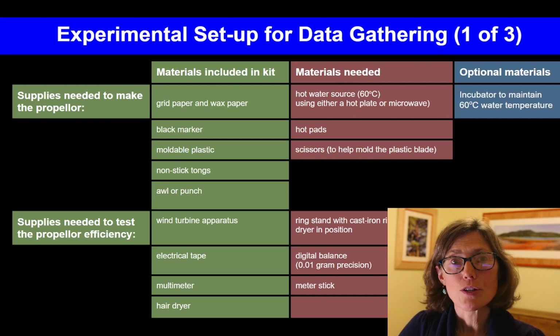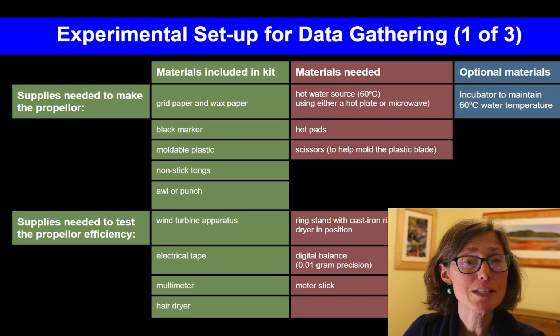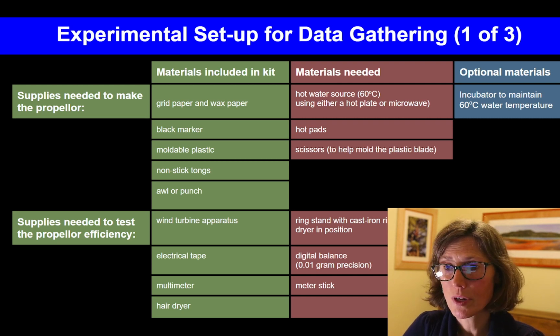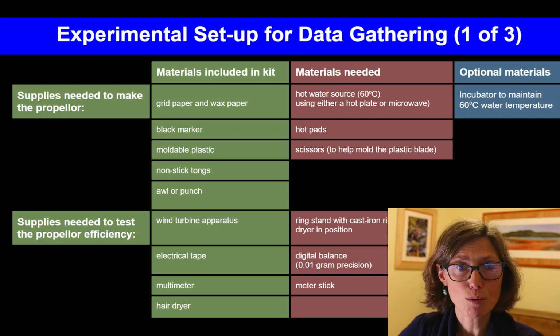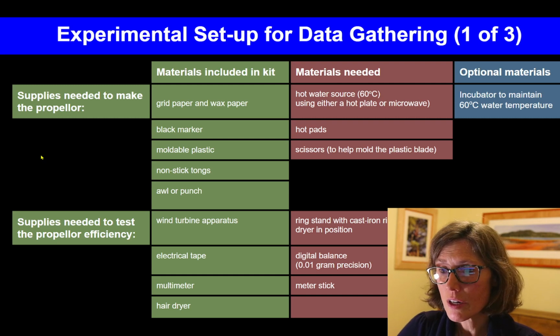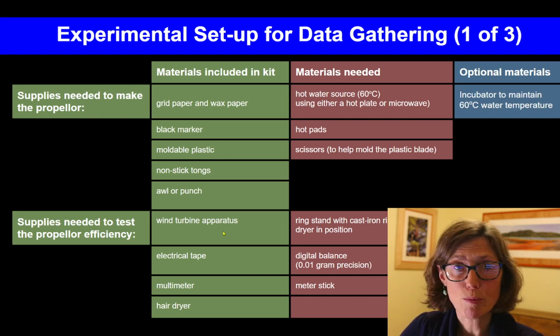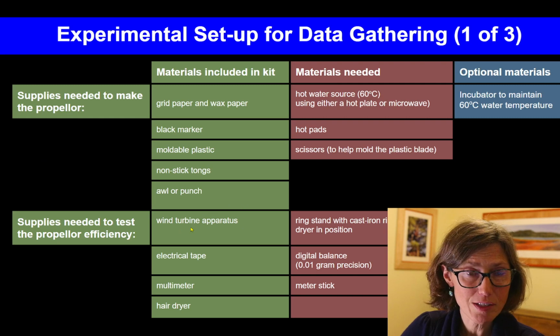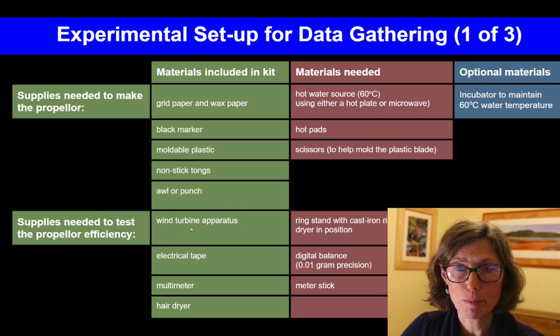Okay. So you're seeing here several slides that basically help you with the setup of this STEM lesson. The needed supplies, and I'll only highlight the key ones here. The first one being the wind turbine apparatus, which you've already seen, but I'll show it to you again in a little bit.